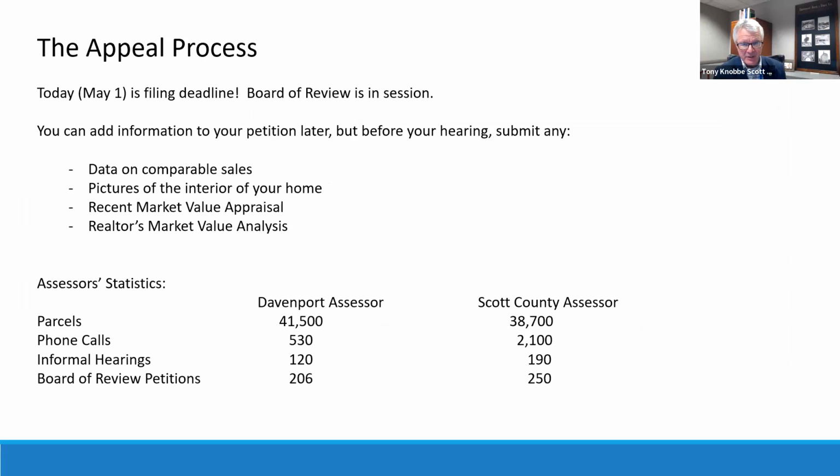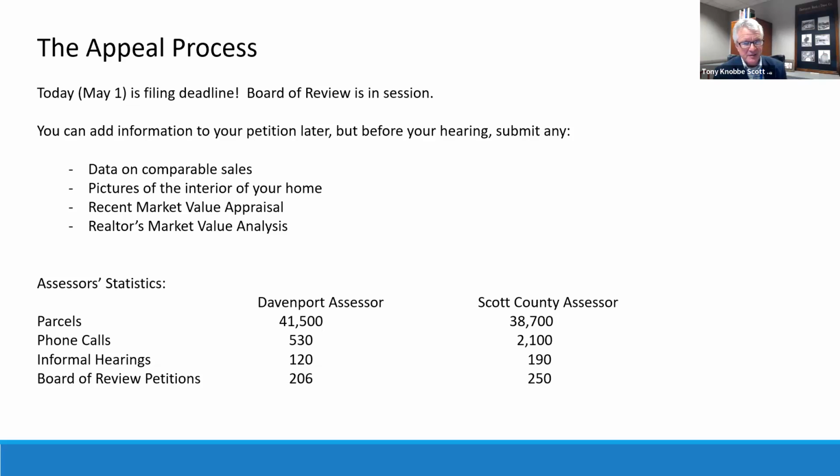My advice to you would be contact the assessor's office to make sure that you're doing that in a way that's going to count and you get your foot in the door. And as I said, you can submit any information that's available to you, you know, some comparable sales data, pictures of the interior of your home to prove that it's not as nice as what the assessor thinks it might be, recent market value or realtor's market value analysis on that property.